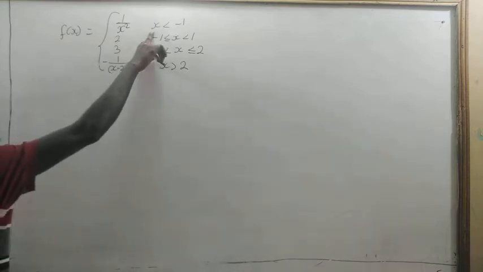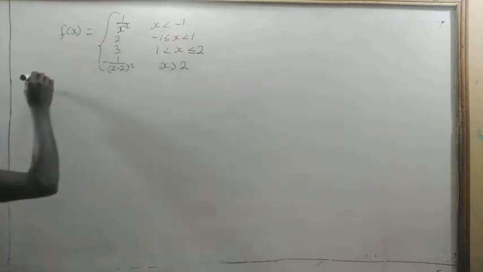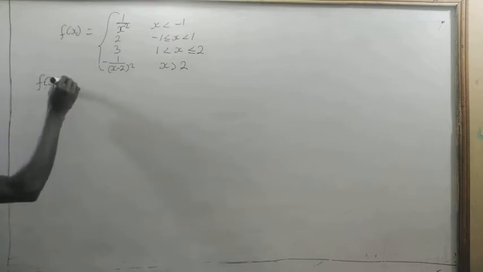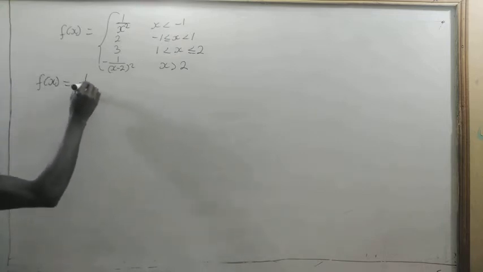If we take values of x less than -1, f of x is equal to 1 divided by x squared.